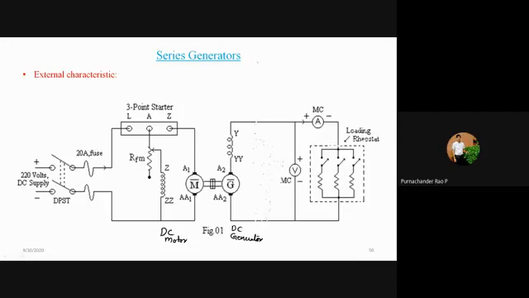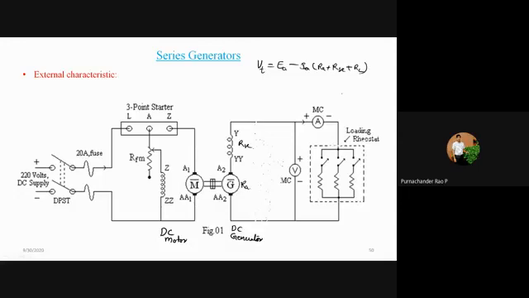Our terminal voltage equation is Vt equal to Ea minus Ia into Ra plus Rse, and you can also include the load resistance, because this total resistance consists of the load as well as the resistance of the series field winding and the resistance of the armature winding.